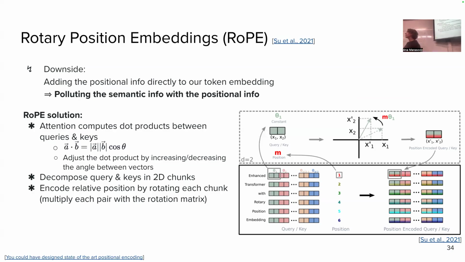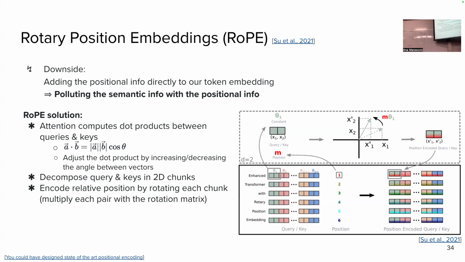So if I want the dot product to increase the importance of tokens that appear close to each other, then I can manipulate the angle between them, and in this way manipulate the importance that comes out of the attention. And that's basically what they do.